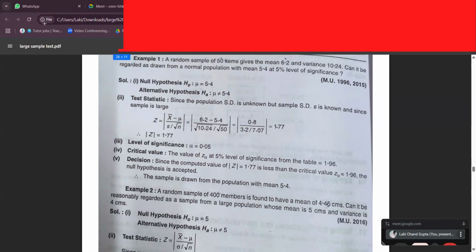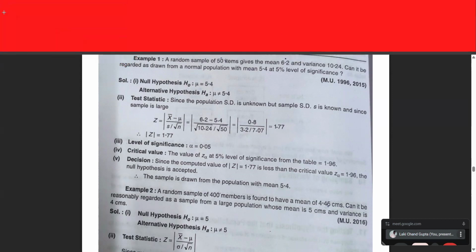Randomly you have taken a sample of 50 items, right? So I'm writing here given n is equal to 50. 50 means what? Greater than 30. So consider large sample test.